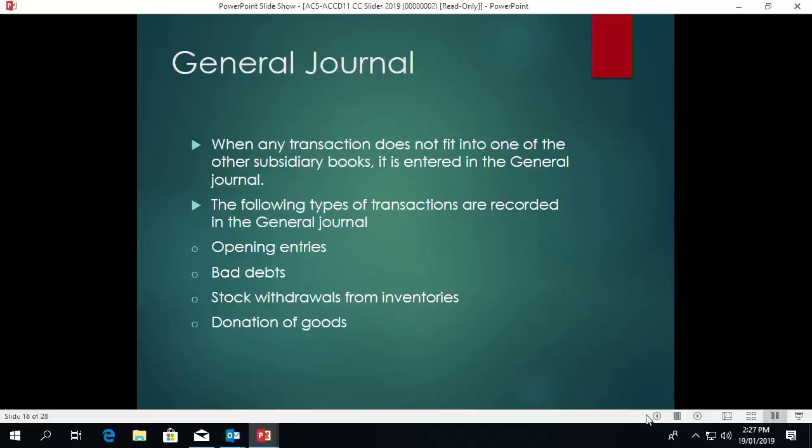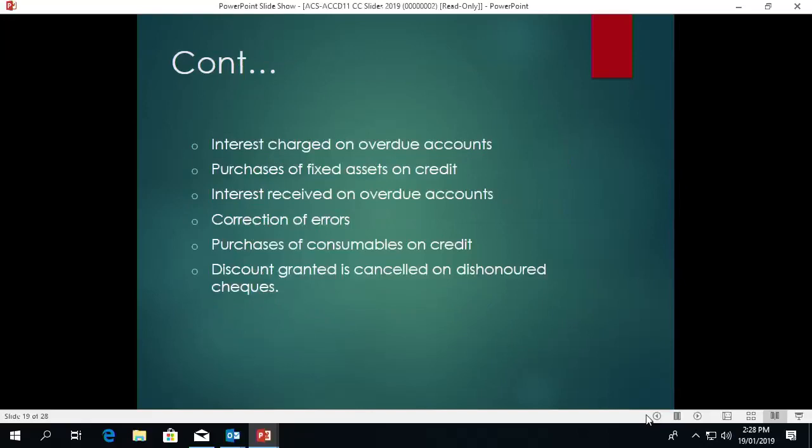And the next book that I want you to familiarize yourself with is the general journal. Okay, now a general journal, we know in here we record transactions that are not fitting in the other books of first entry. So the types of transactions that are recorded in the general journal, students, if you know this type of transaction, it's very easy for you to do a general journal, because we are just looking out for transactions like opening entry, bad debt, stock withdrawal from the inventory, donation of goods, interest charge on overdue account.